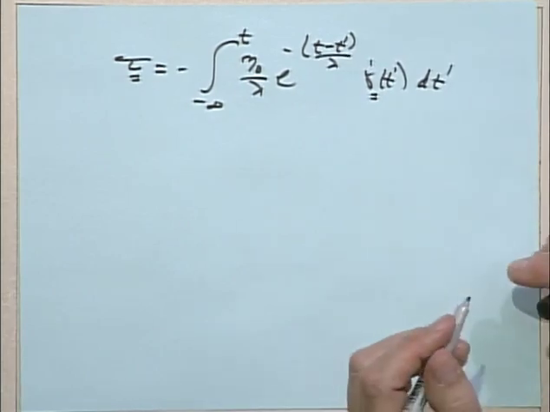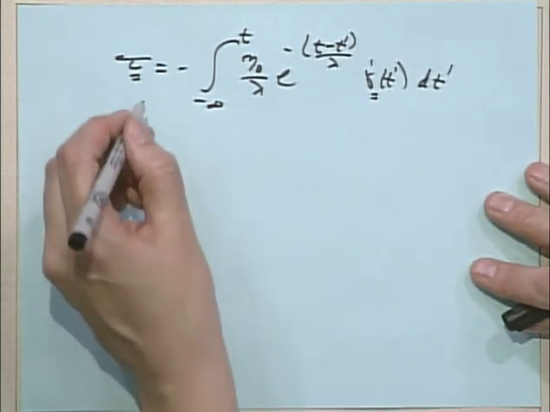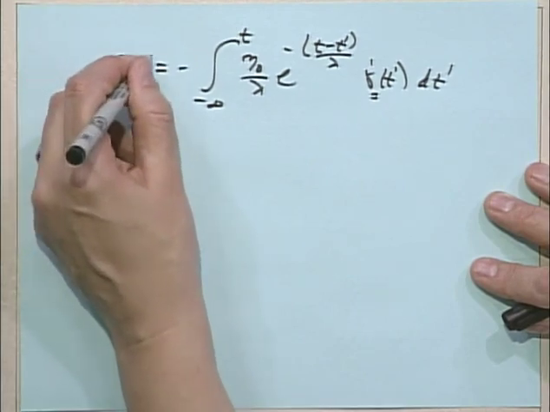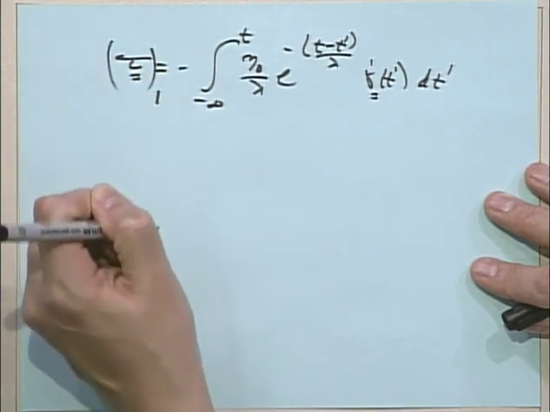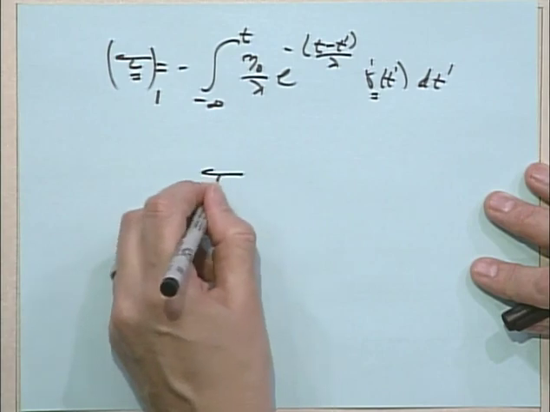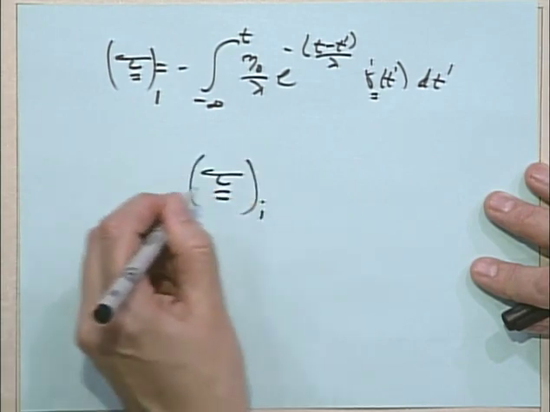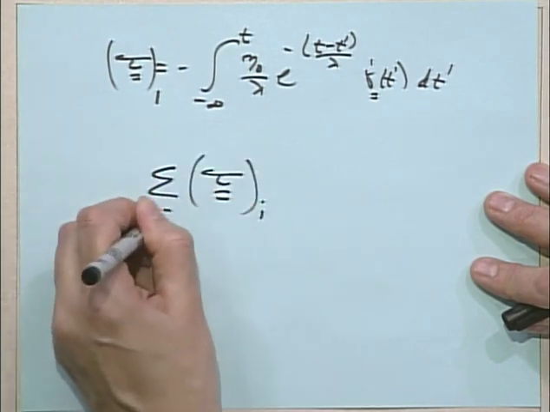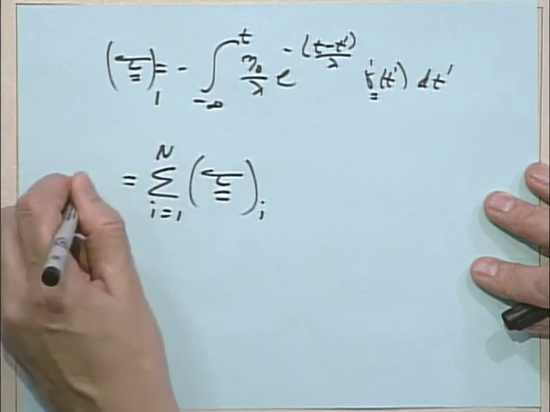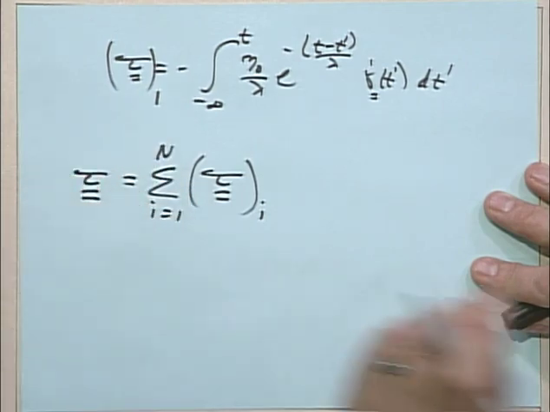What if I wrote this as just contribution number 1, and what if I added a whole bunch of contributions to get the total stress?